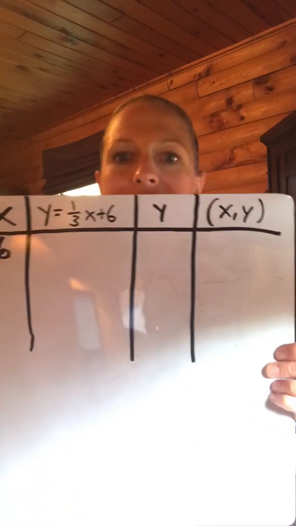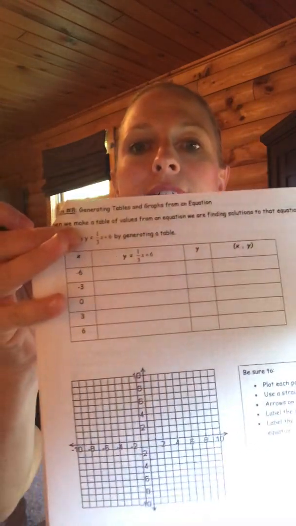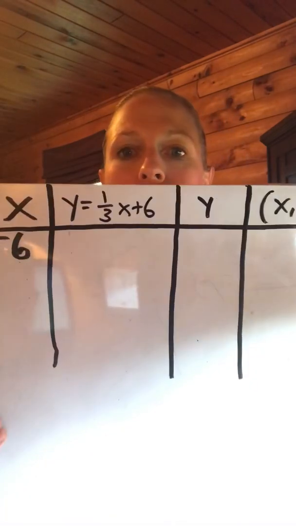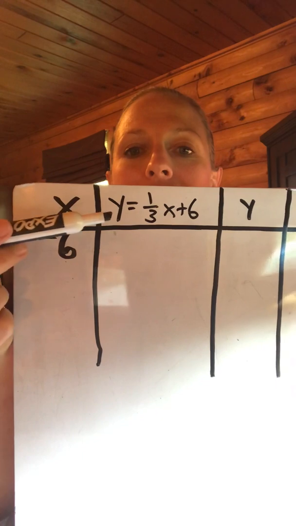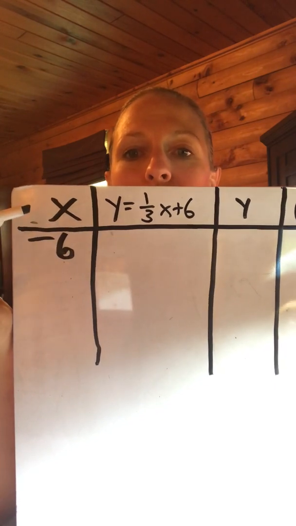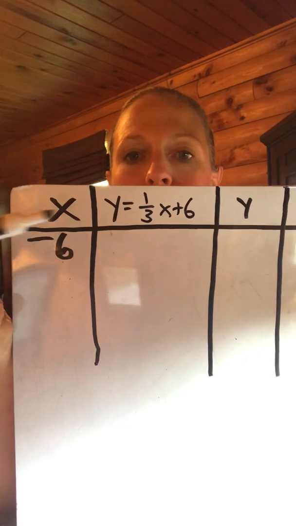What you're going to see on the top right here is the data table that I've created. We're going to plug -6 into this equation. The top says this is x. If x is -6, what would y come out to be? I'm going to write the equation down on the side or on scrap paper.